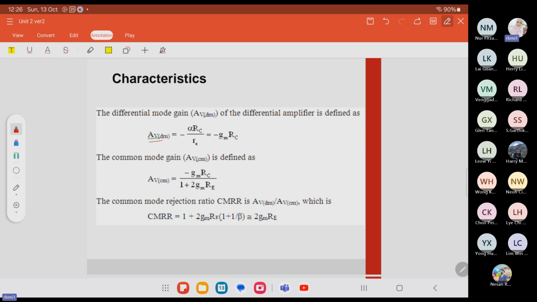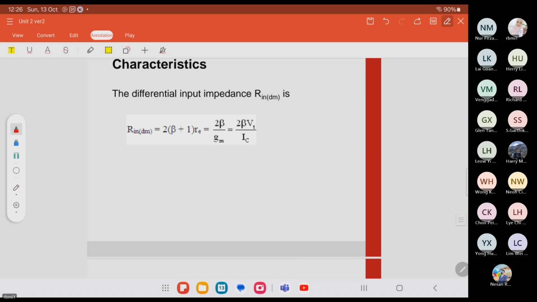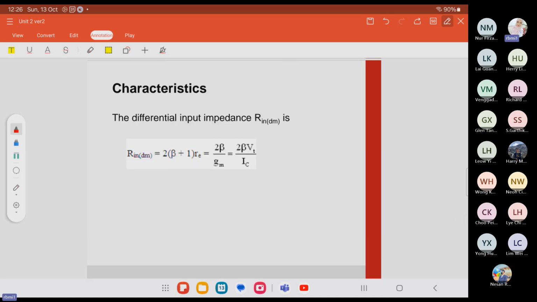We have the differential mode AVDM and also common mode AVCM, and this one is CMRR, the common mode rejection ratio. And this one is the differential input impedance at the input port, due to the differential amplifier.